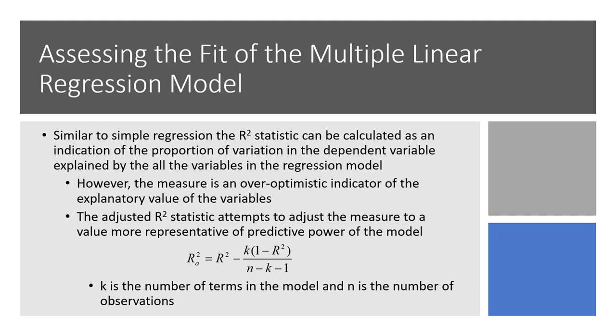However, there's a penalty that comes with it, and so we have this thing called adjusted R squared, where we take into account the number of terms in the model, K, and the number of observations in our sample, N. And so when we look at certain evaluations, we look at the difference between our R squared and our adjusted R squared. And oftentimes we can see that R squared and the adjusted R squared will improve just a little bit, but not a whole lot, just a little bit as we add more predictor variables.